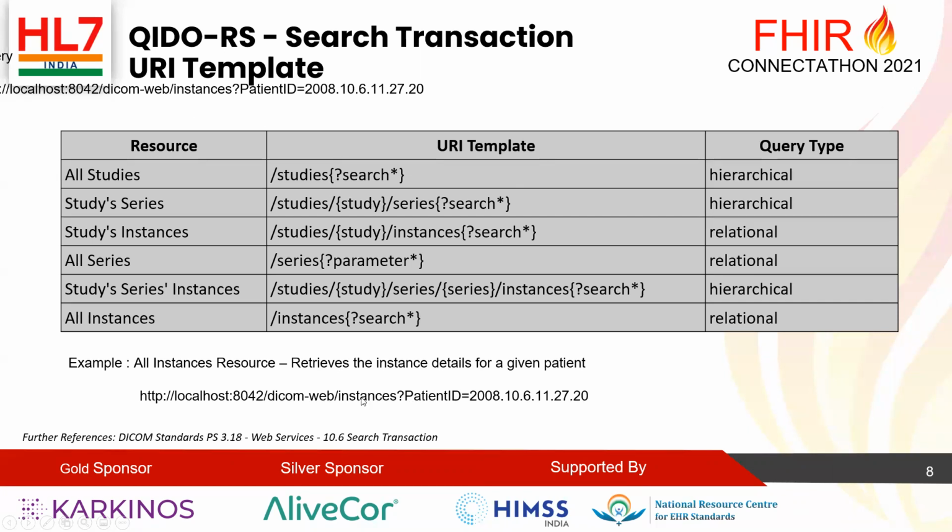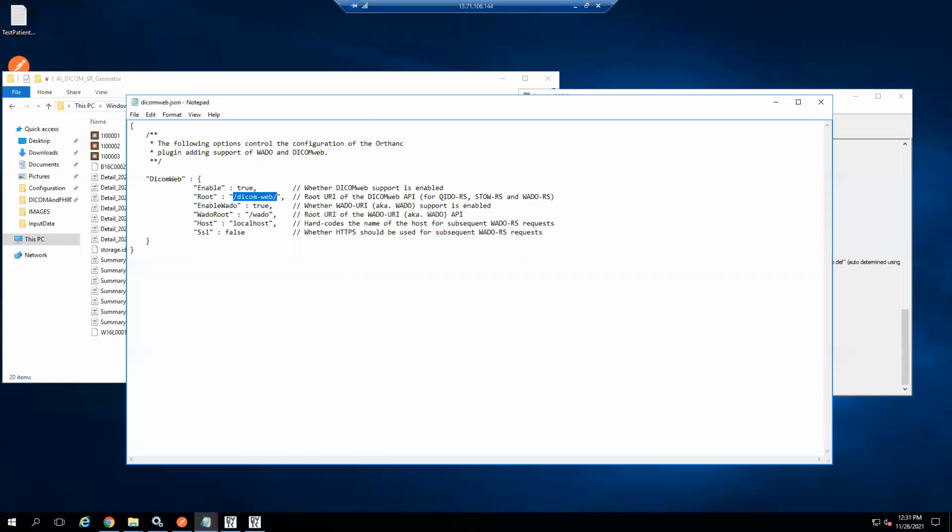Then our URI template, whatever has been defined over here, comes into the picture. That is the instance. I am going to get the instances for this patient ID. Now let's see how I can get them, and I'll explain everything in the application directly. We'll use Postman to retrieve the instance details.